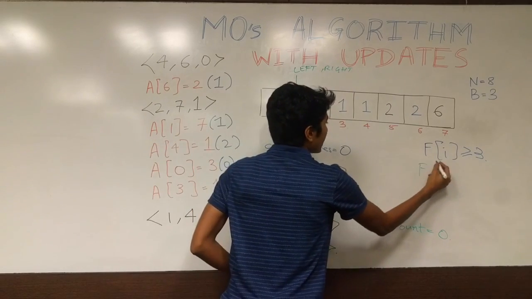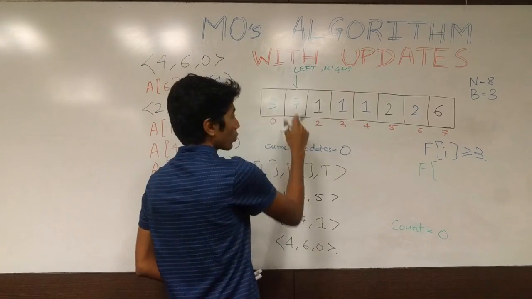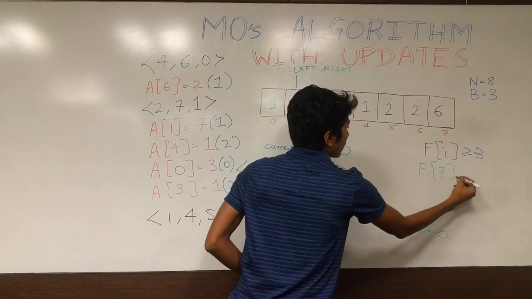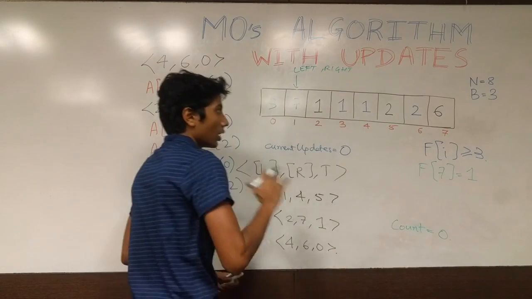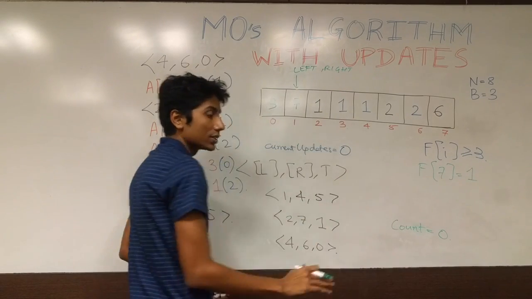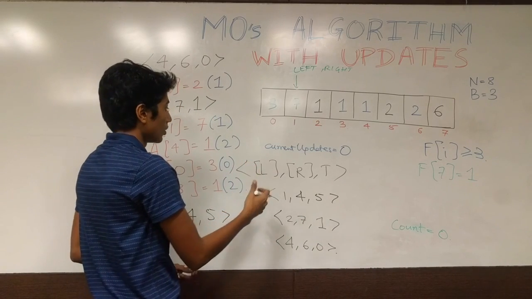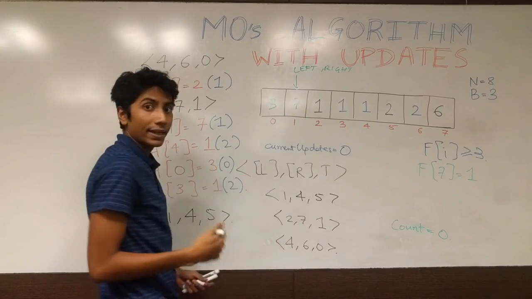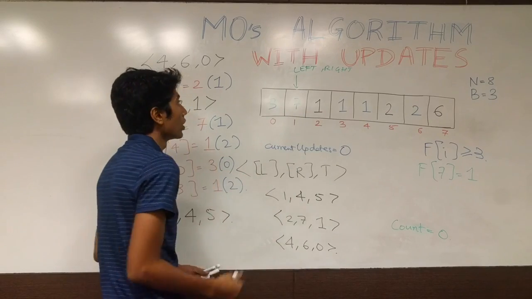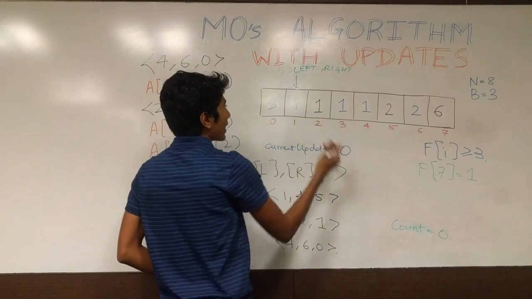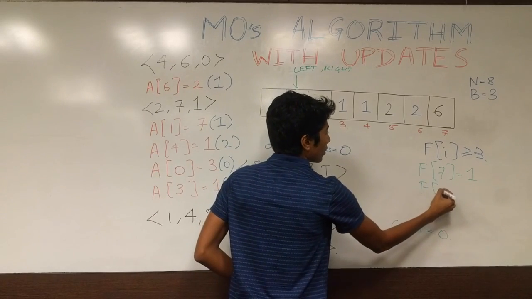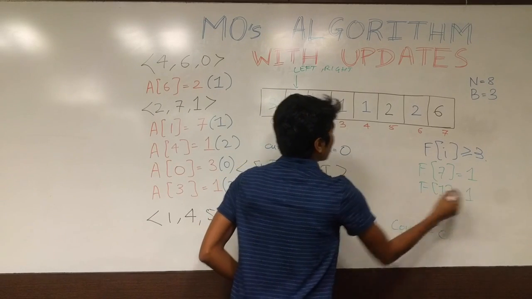Frequency of 1 is, the value at 1 is incremented. So f of 7 is incremented, that becomes 1. It still hasn't hit 3, so count is still 0. Now the right index has to be incremented because it's not equal to 4. So f of 1 is set to 1.